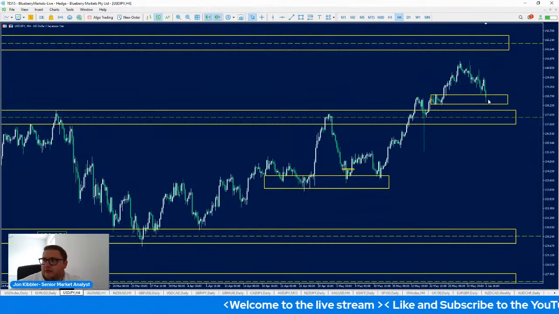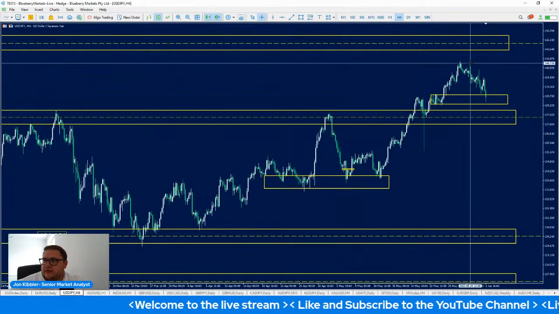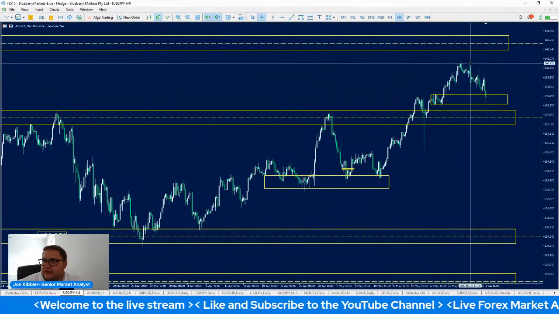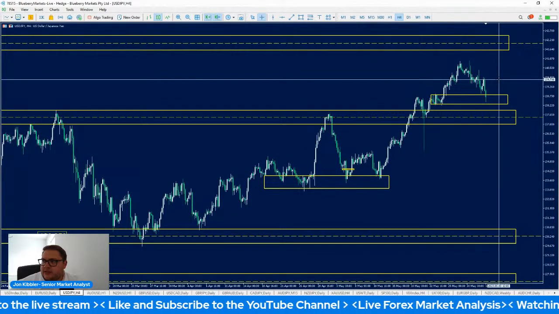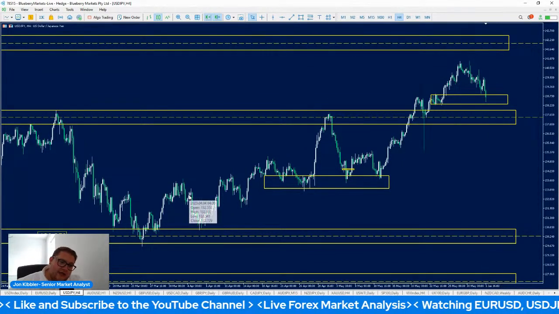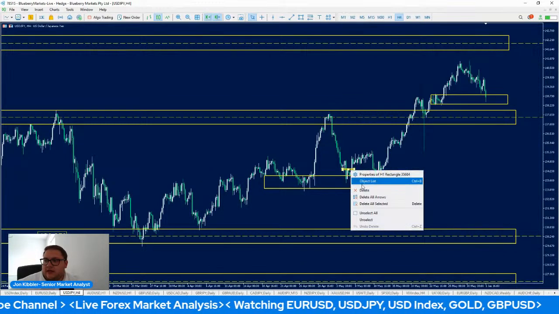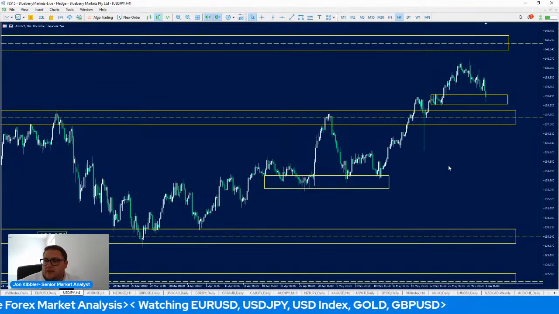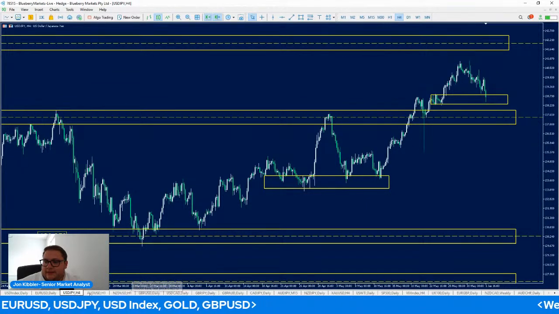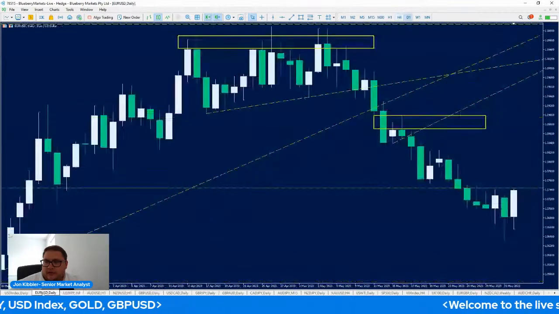Probably not. Probably waiting for it to come back up to the highs here, or even 142, because we've still got an NFP to play tomorrow. I think if they come out big, then the dollar might strengthen once again. Let's go and have a look at euro.